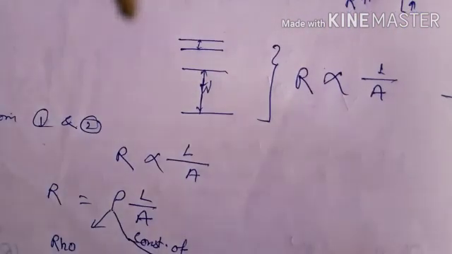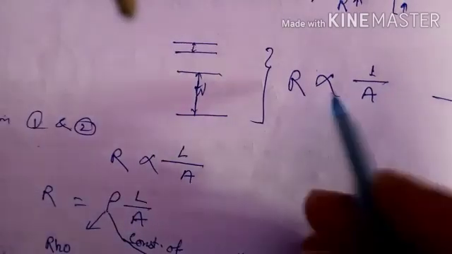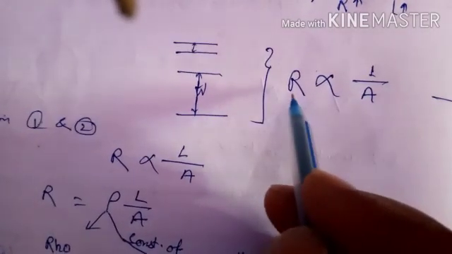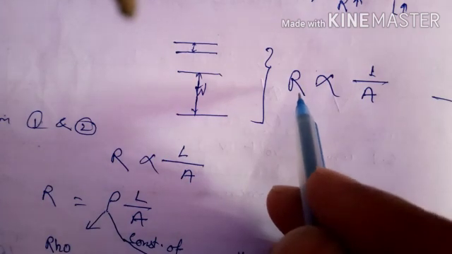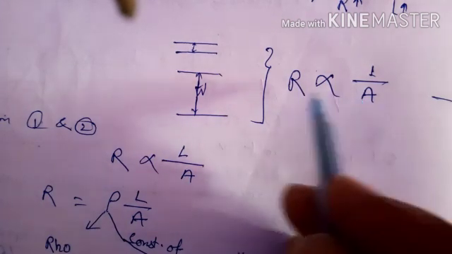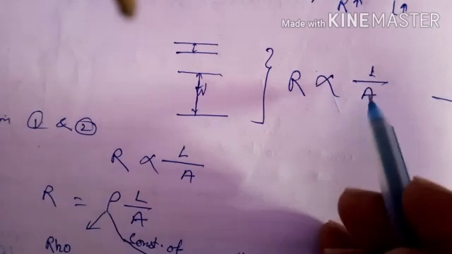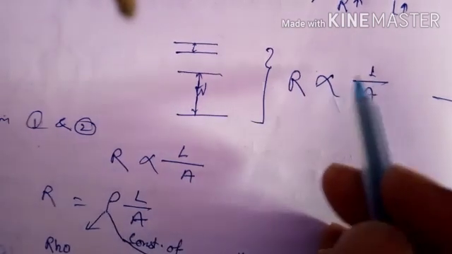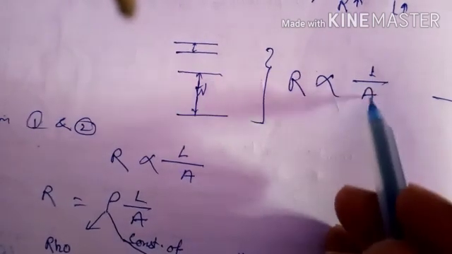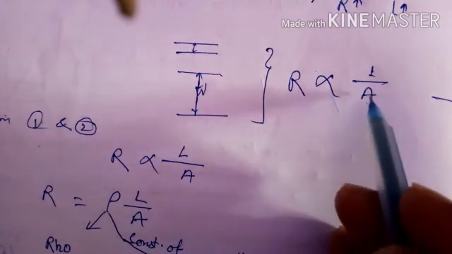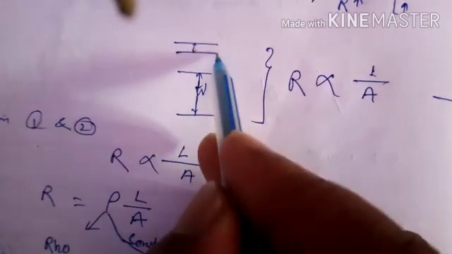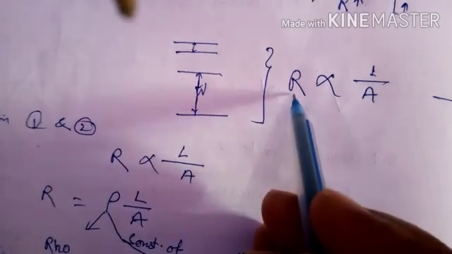So from this, resistance, which is opposition to the current, also varies in the same way. That means it is inversely proportional to the area of cross section. If the area of cross section is less, the resistance will be more.